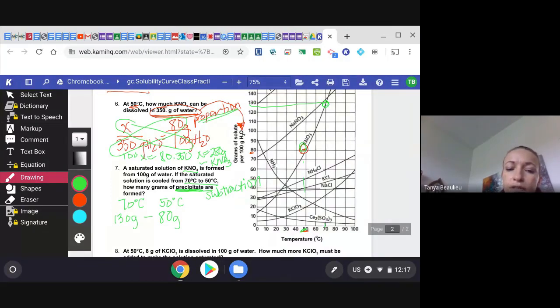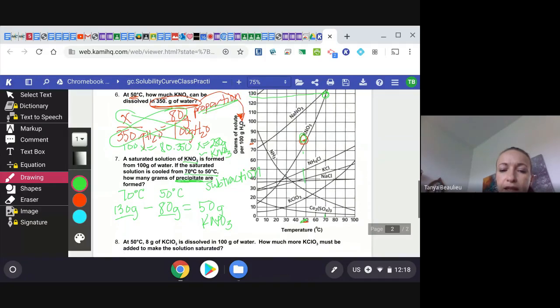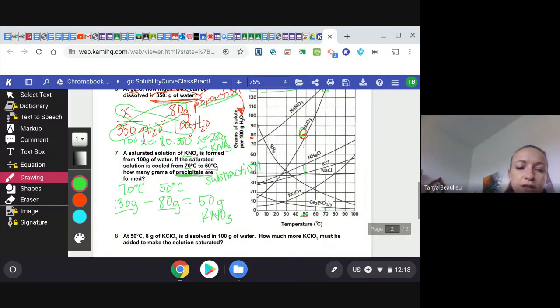So when I cool down the solution, it can't hold as much solute. And because of that, it will recrystallize or precipitate out of solution. So 130 minus 80 grams comes out to be 50 grams of KNO3. That's how much will precipitate out of solution. So when you see that keyword precipitate, that is going to be a subtraction type problem.